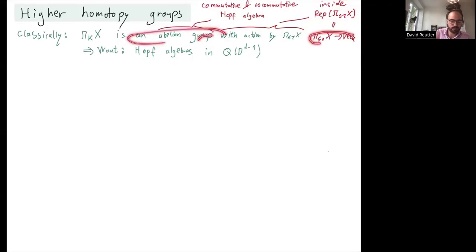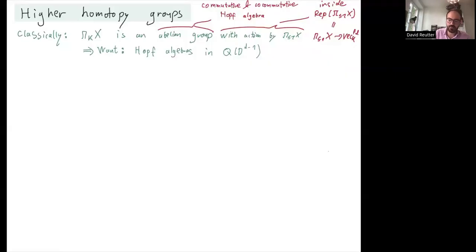So the data of a local system on pi_{≤1}X, so a functor from pi_{≤1}X to abelian groups, is the same data as a commutative and co-commutative Hopf algebra in the category of functors from pi_{≤1}X to finite dimensional vector spaces.